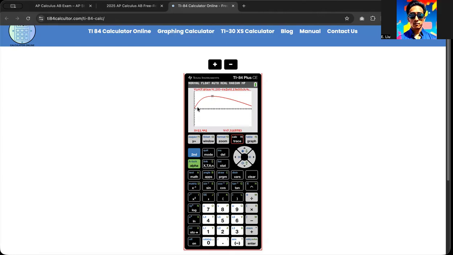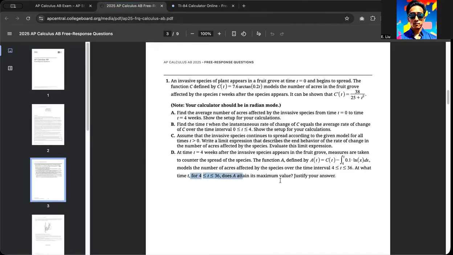Now, what we also want to do is calculate the value at 4, and calculate the value at 36. Oops, I think I pressed wrong. The value at 36 is 1.743.